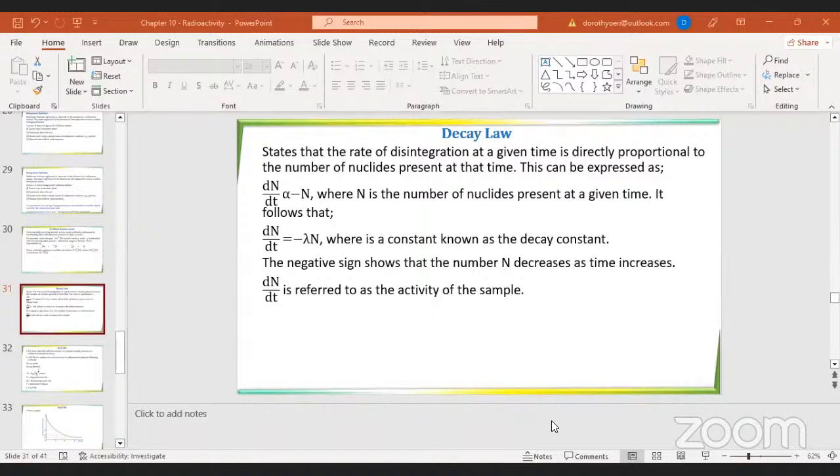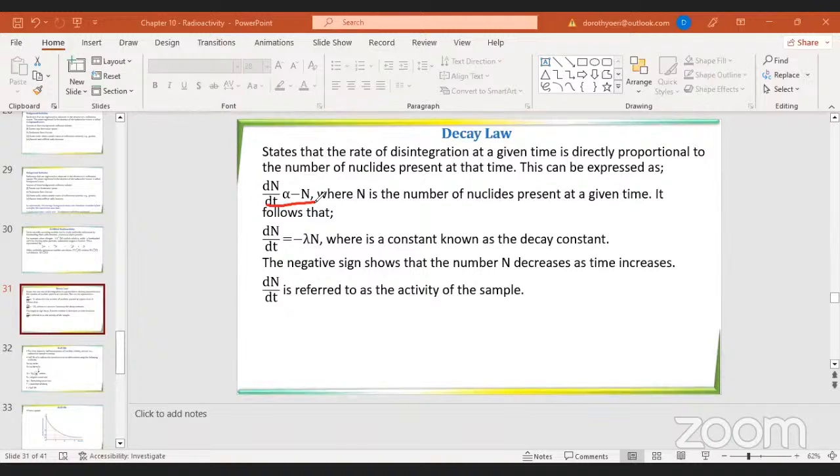Now, there's an equation here. Let me just highlight the equation. This is the equation representing the decay law we have stated, where N is the number of nuclides present at a given time.